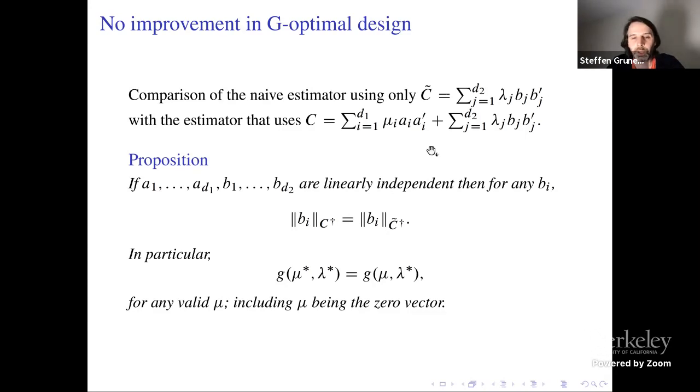And then what I can show is, if my design points are all linearly independent, some of that can be relaxed, but I need linear independence at least of the elements A_1 to A_D1, and B_1 to B_D2.